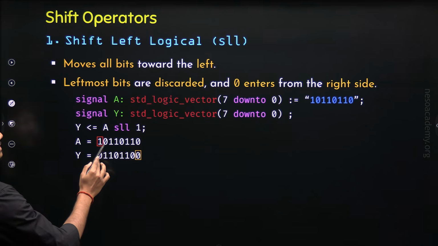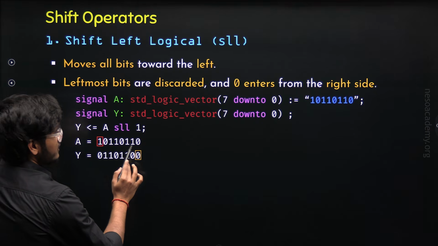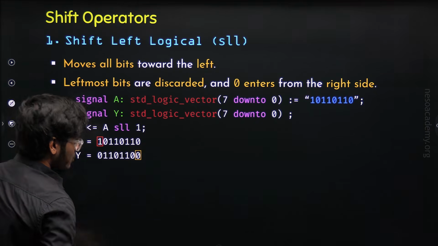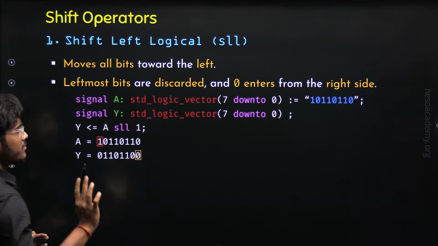This 0 comes here, this 1 comes here, and similarly, the rest of the bits will move to the left by one place. Now, in the same way, I can shift this vector by two places.